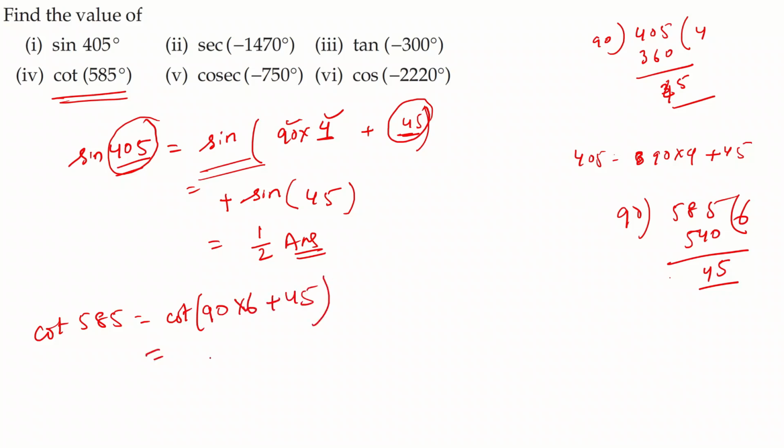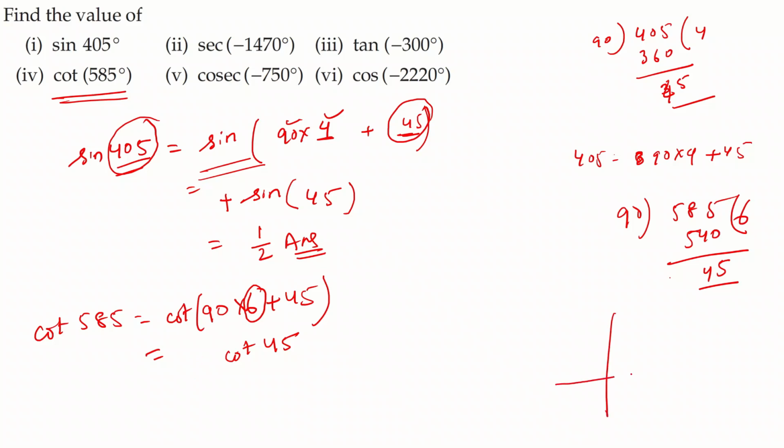Alright, so 90 into an even number, so don't change cot into tan, keep cot as cot, and cot 45. And now we have to determine whether we'll have a plus sign or a minus sign.